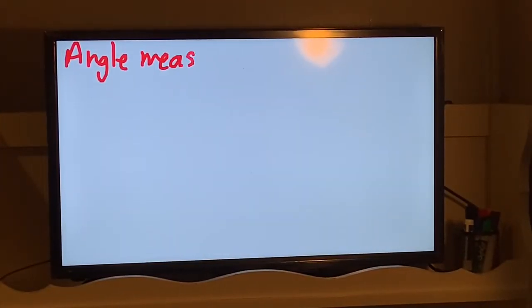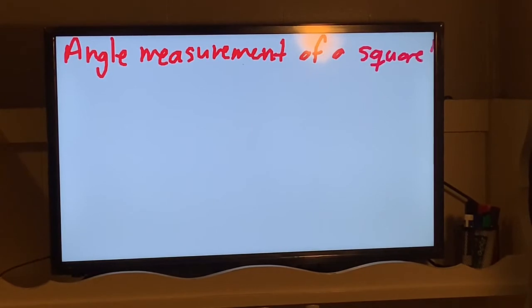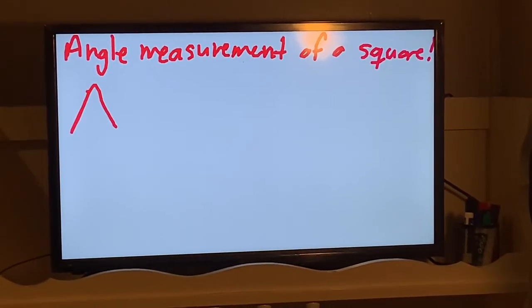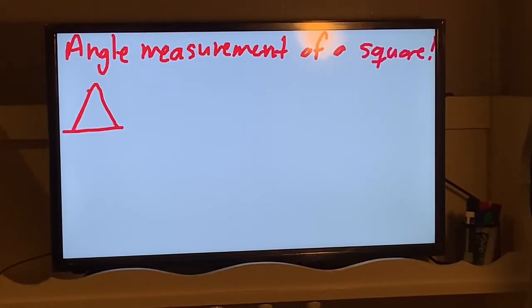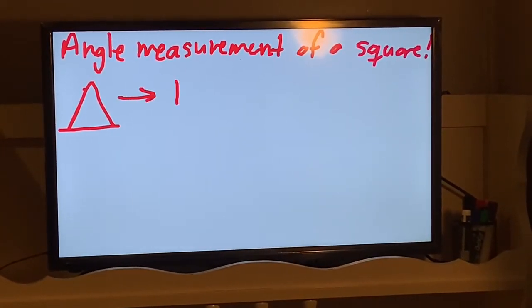So now we're going to figure out the angle measurements of a square. I'm going to go back to something that we already know: a triangle. We know the angle measurement of this triangle, and again, I hope that you all say 180 degrees.